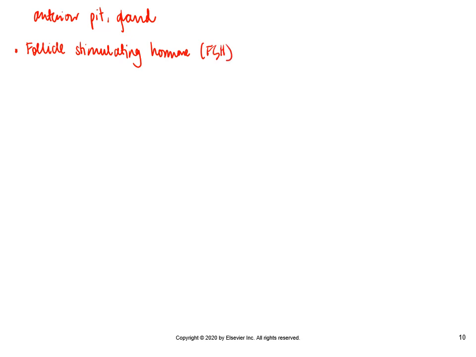The FSH stimulates the development of the eggs in the ovaries, and estrogen production in the women.